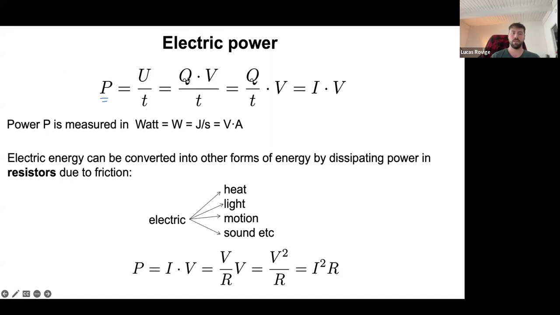And we've seen that the potential was defined as the potential energy per amount of charge.